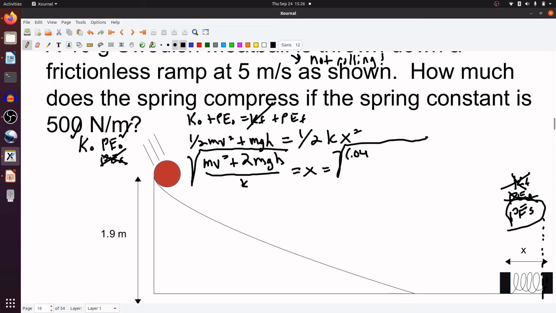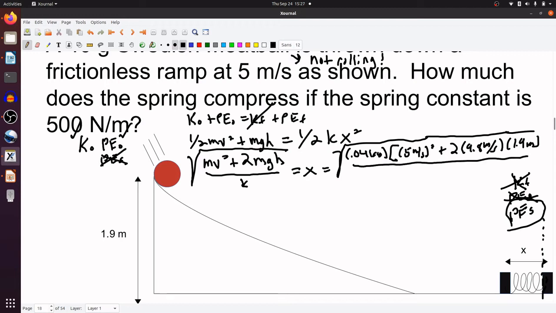That's going to be 0.04 kilograms. And then inside my brackets is going to be my velocity of 5, that was my initial velocity, squared, plus 2 times 9.8 times 1.9 for the height. And that's all over the spring constant of 500 newtons per meter.